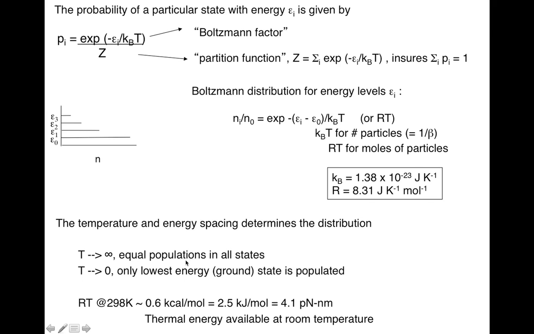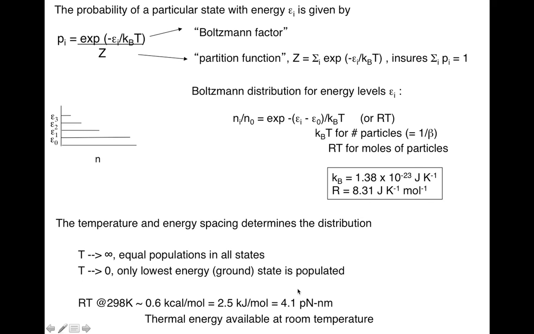So at room temperature, this is a very important number to know. At room temperature, let's say at 298 Kelvin, the RT term is about 0.6 kcals per mole, or 2.5 kilojoules per mole.